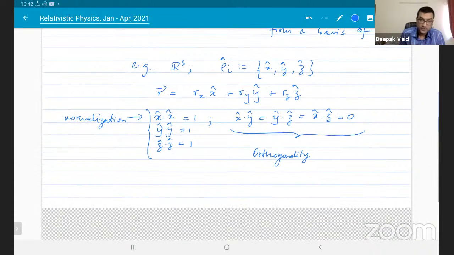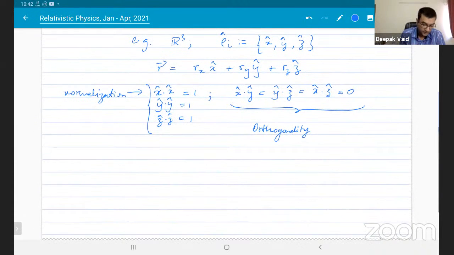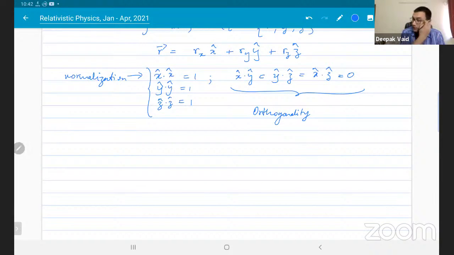Of course, you can have a non-orthogonal basis. As an example, when we talk about crystals, you can have a non-orthogonal basis.